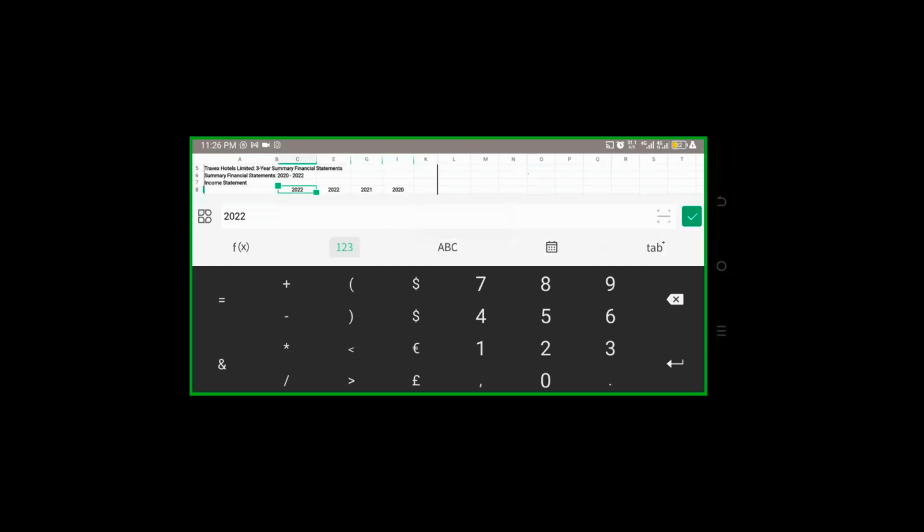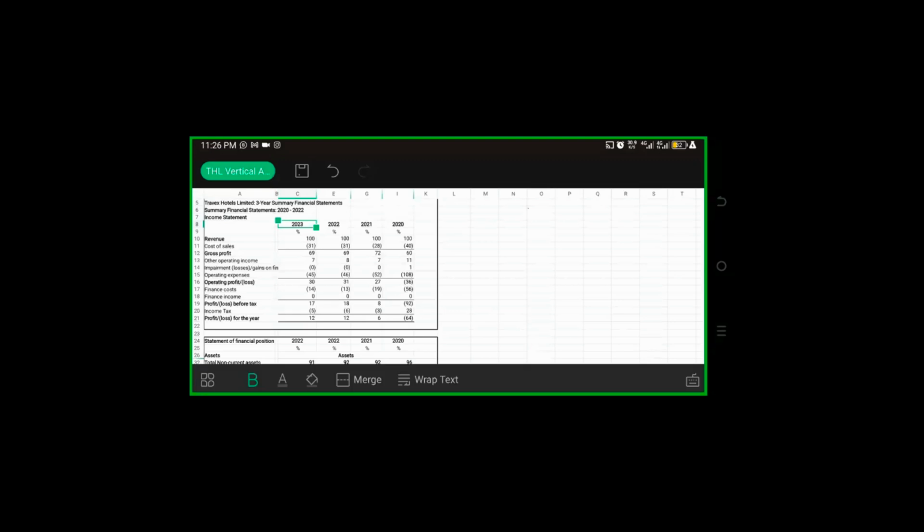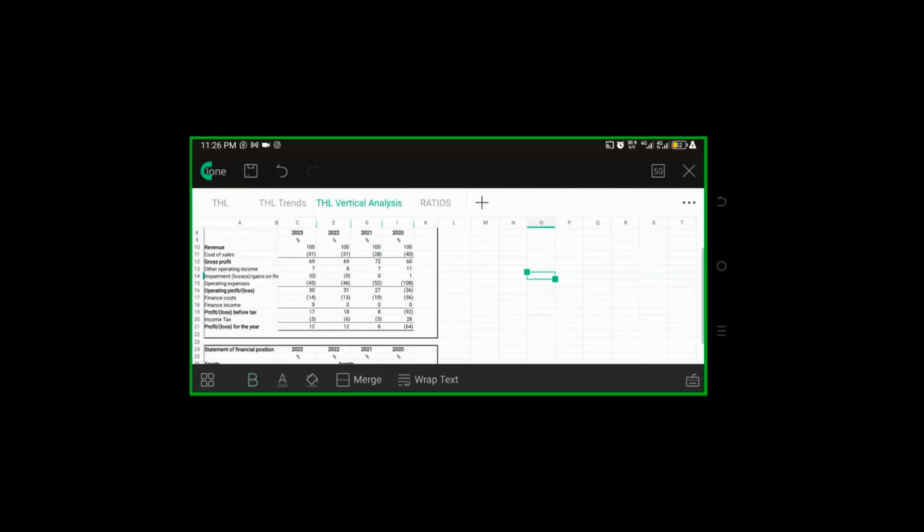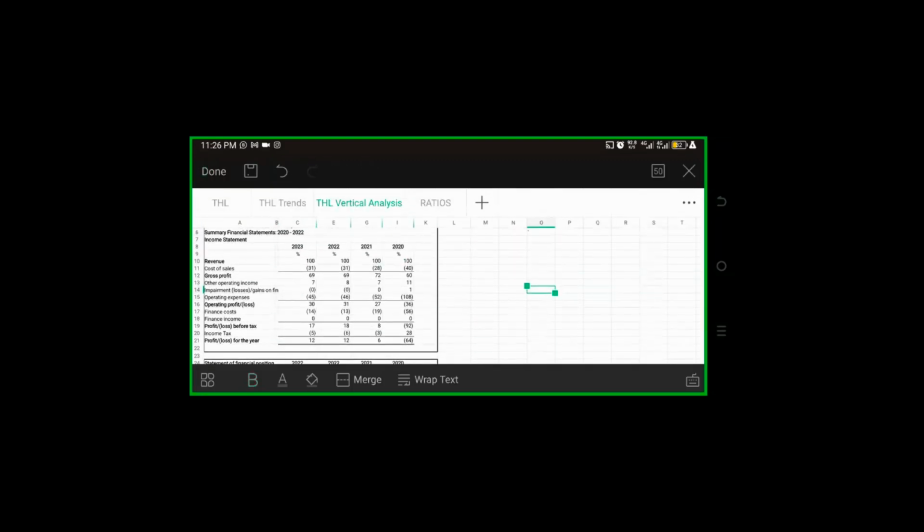This should be like 2023. Okay. So this is the common size account of the profit or loss account. This is the common size statement of the profit or loss account.